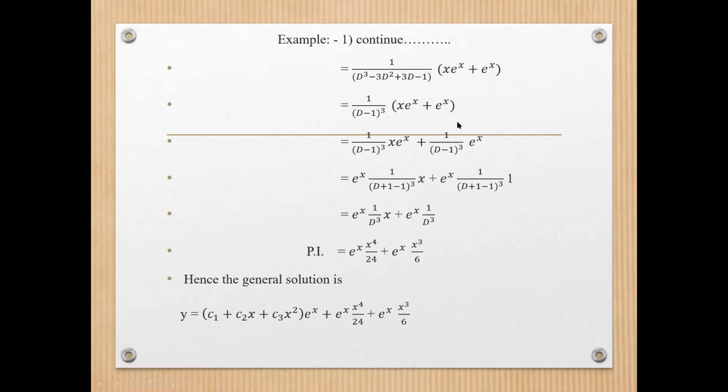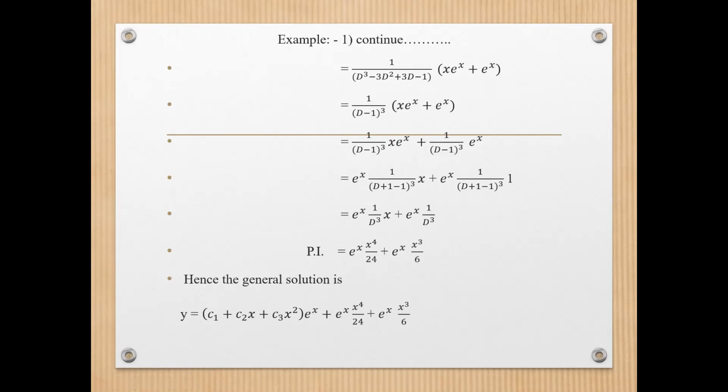In the second term, we have to use type number 1, because we have seen in type number 1 that when the right hand side is of the form e raised to x, we have to replace d by a, here a is nothing but 1. Likewise, in the first term we have to apply type number 4.